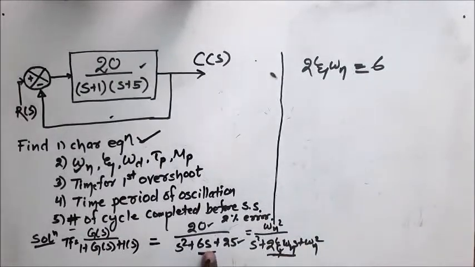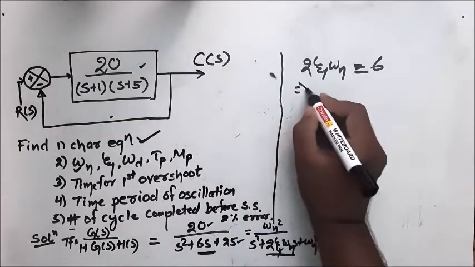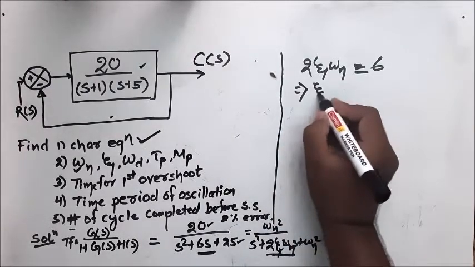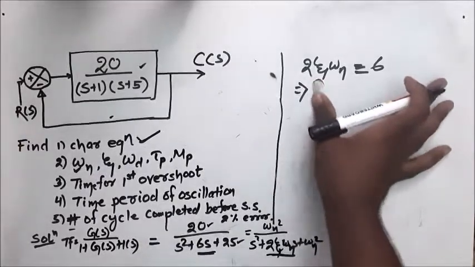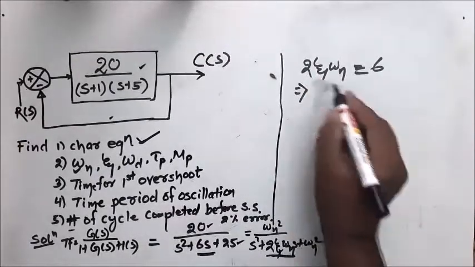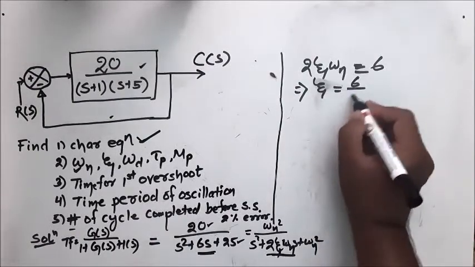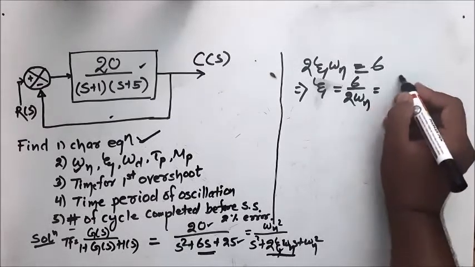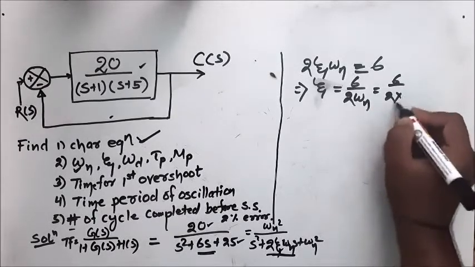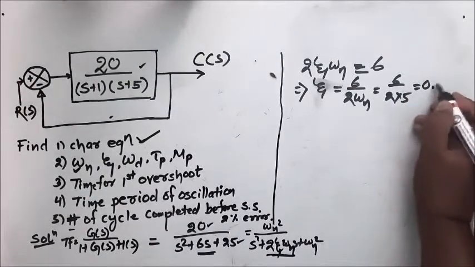This s and this s cancel out. So 2 zeta omega n is equal to 6. That means zeta is equal to 6 by 2 omega n, which is 6 divided by 2 into 5, that is 6 divided by 10, so 0.6.